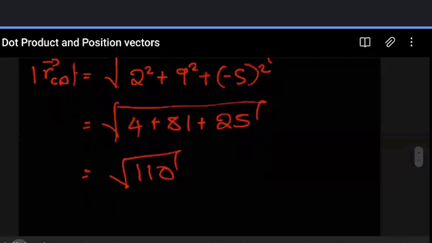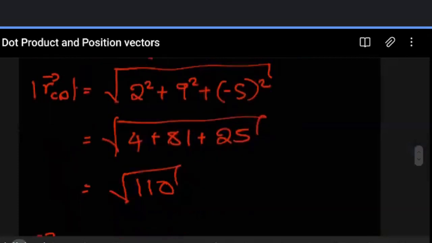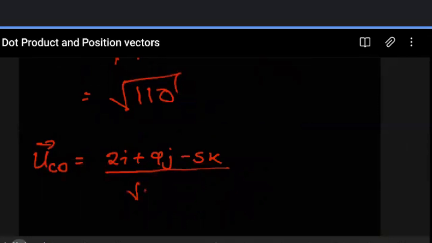Okay. So lastly, we can get the unit vector from C to D. It's the vector itself, the position vector, which is 2, 9, minus 5, divided by the magnitude, which is root 110.